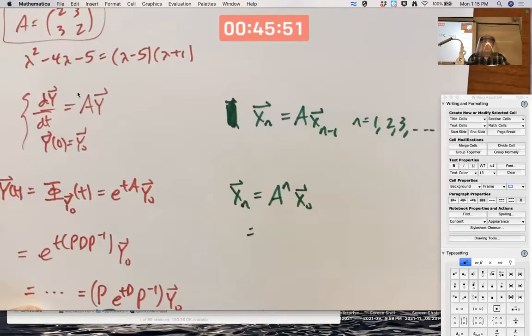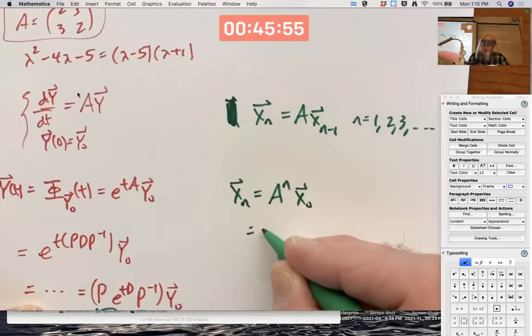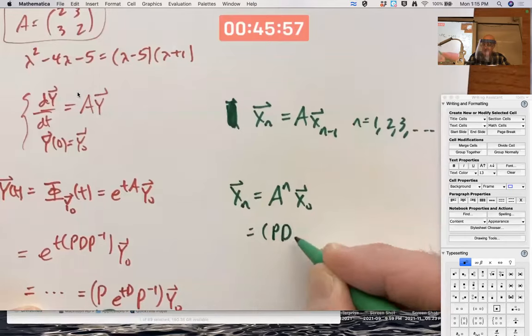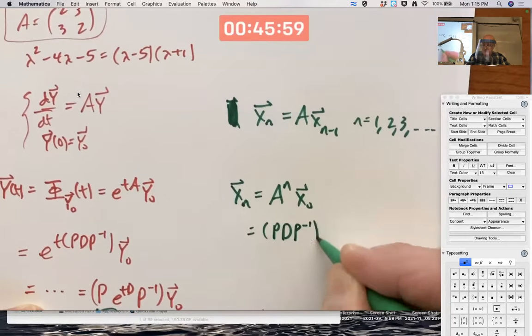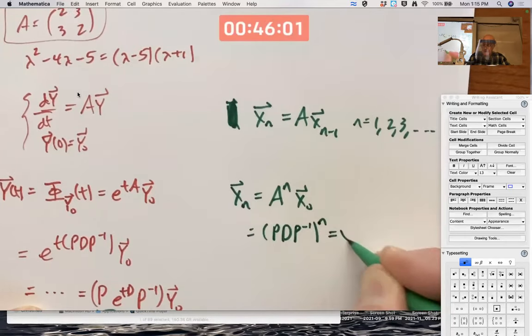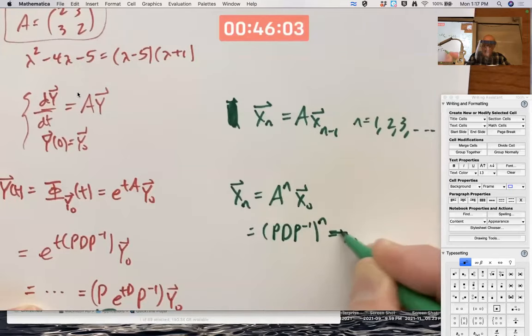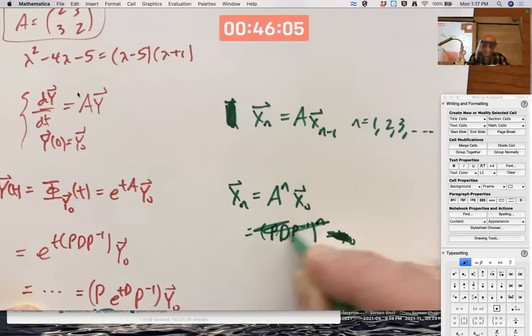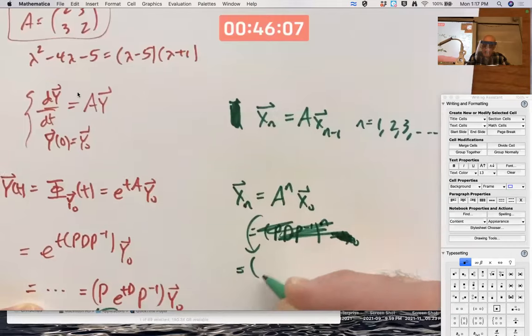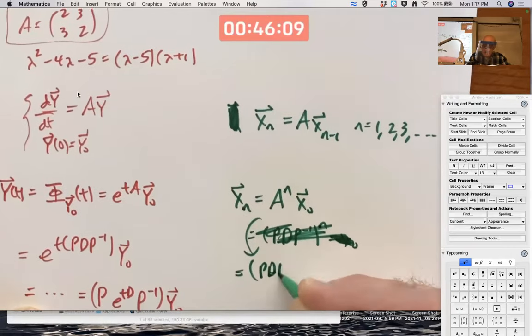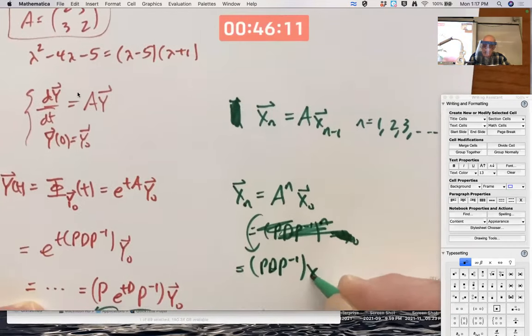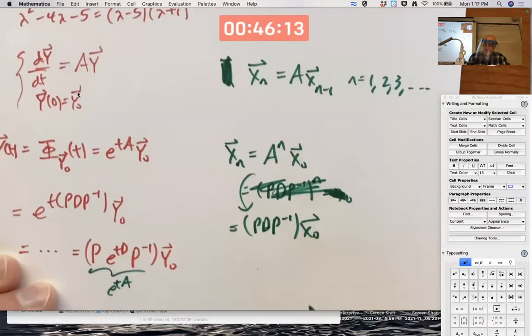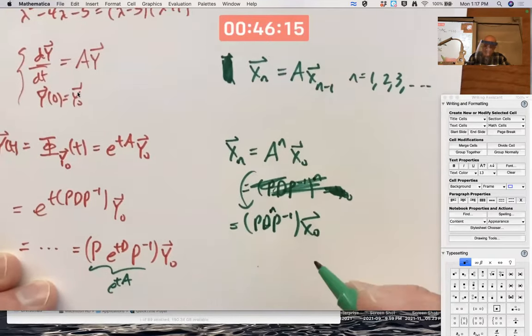But raising a matrix to a power is difficult in general, unless you diagonalize, because diagonal matrices are easy to raise to powers. Oh, sorry. D to the n. Sorry.